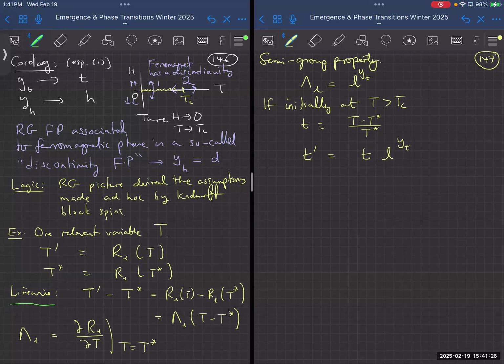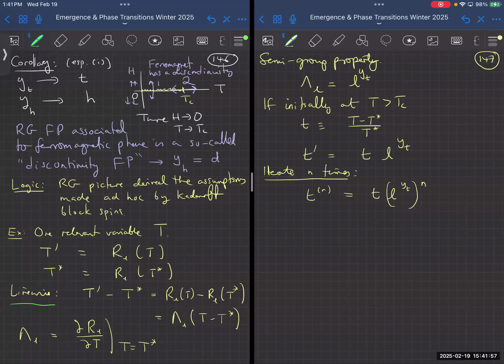And if I do n iterations, then I will get the Kadanoff picture. Then I can iterate this. And so if I iterate that n times, then what I get is that t after n iterations is equal to t times L to the y sub t to the nth power.